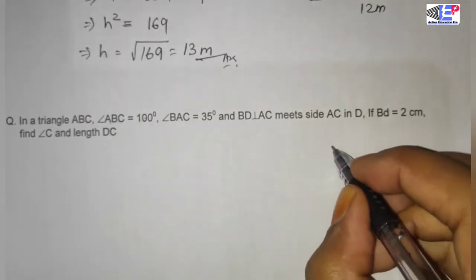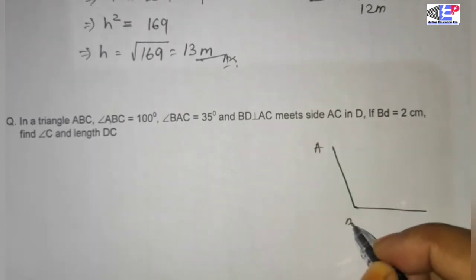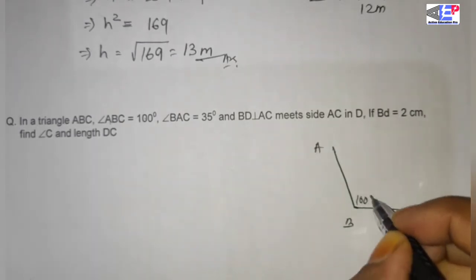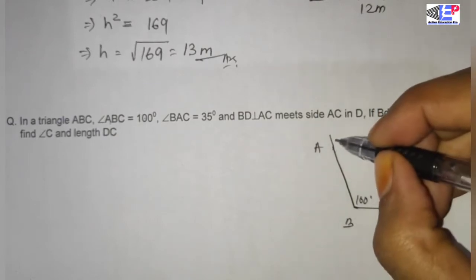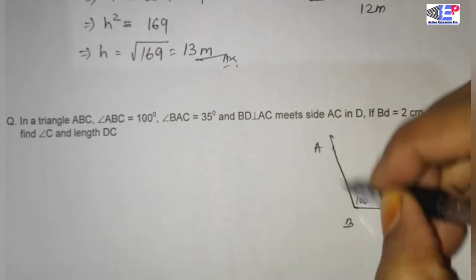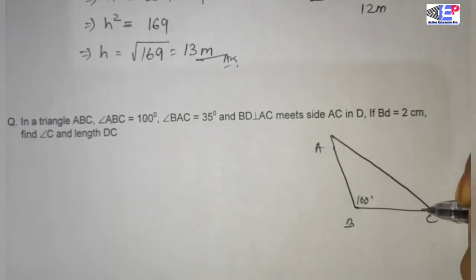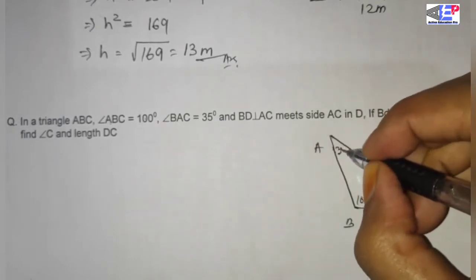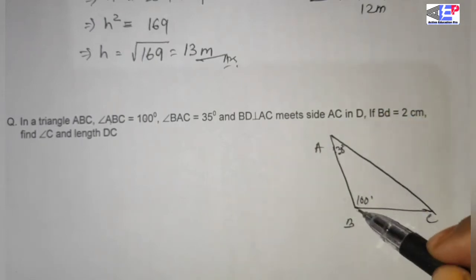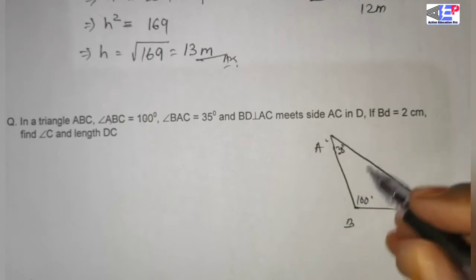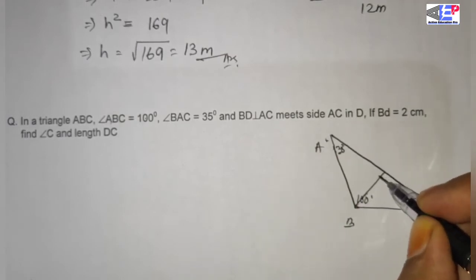Angle ABC is 100 degree, so it is an obtuse angle. Then angle BAC is 35 degree, this angle. And BD is perpendicular to AC.